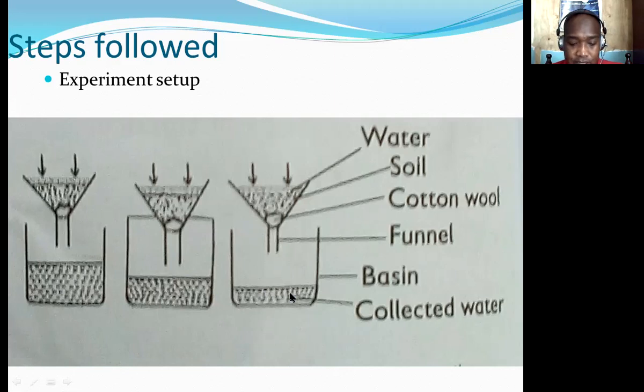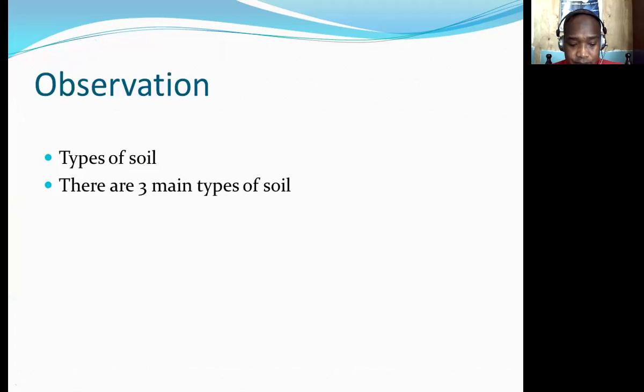Soil with low water retention has good drainage, and that is sand soil. Pupils, cotton is used to stop or prevent soil particles from falling into the basin.